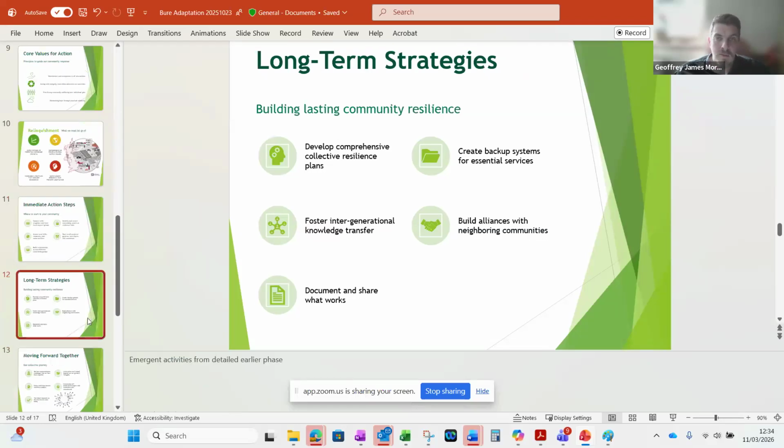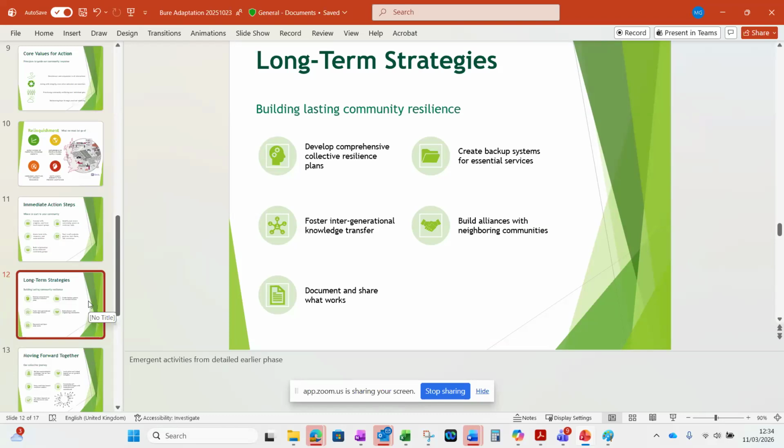And then as you go forward in time, less and less detail gets filled in at this point, but you would fill it in as you go. So as you understand those things about your community, you can start to build plans and map these things out and start to lobby local government for backup systems, for infrastructure, for other community assets that are missing.